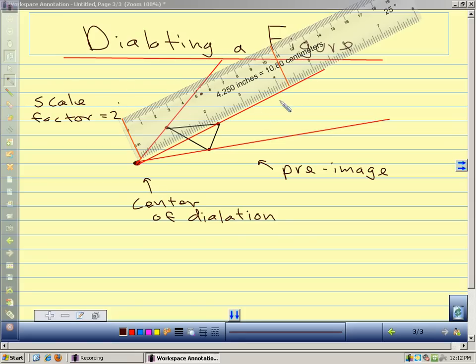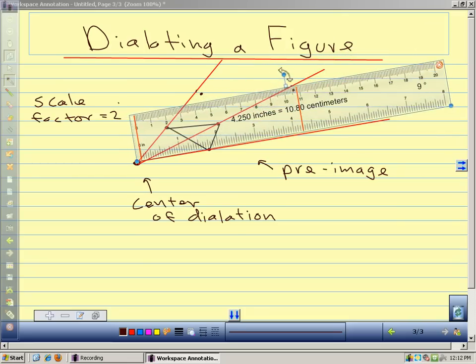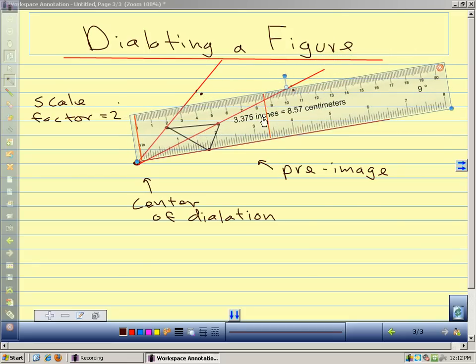And I'm going to draw a point there. So there's my point. And I'm going to do the same thing for the other vertex. Measure to the vertex, 1.75. So I'm going to go to 3.5, multiplying that length by 2. There we go. Draw a point there.